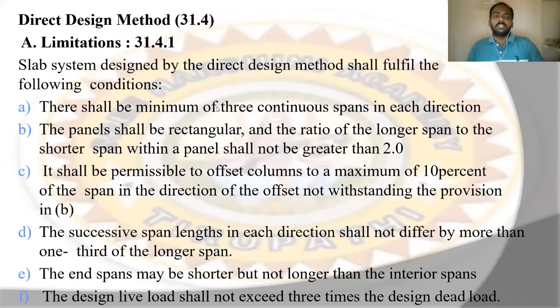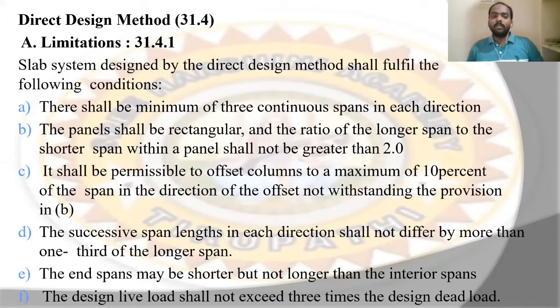Direct design method limitations. There shall be a minimum of 3 continuous spans in each direction. The panel shall be rectangular, and the ratio of the longer span to shorter span within a panel shall not be greater than 2.